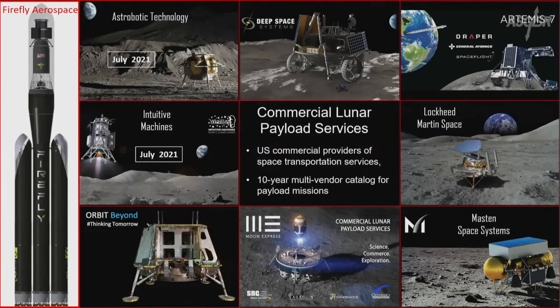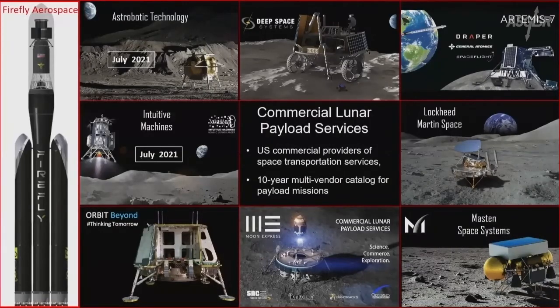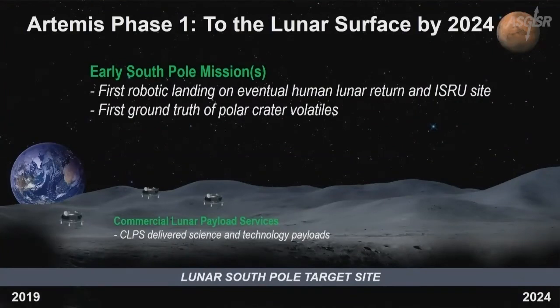Now, from the experience of the science that we currently have, we want to be able to take advantage of the commercial environment, for which the first 2 planned launches, let me go back one, sorry, are Astrobotic and Intuitive Machines in July of 2021. And they will take a variety of NASA-funded investigations to the moon at locations that they're able to reach.